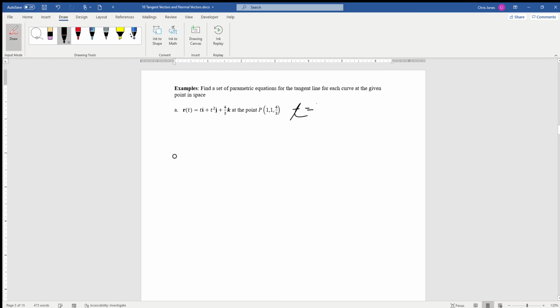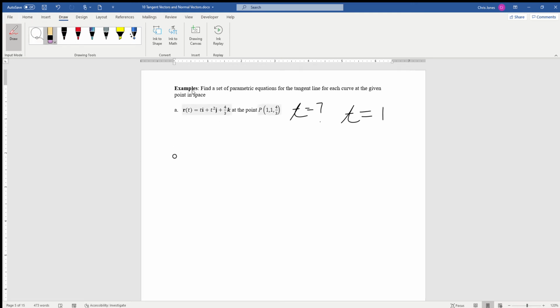So t equals what? What you can do is just look at the first coordinates and set the coefficient equal to the first coordinate. Now this one's really easy. t equals 1, right? Now what you would want to do is check just to make sure.